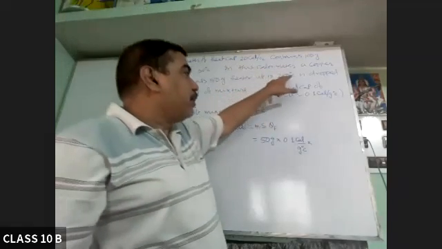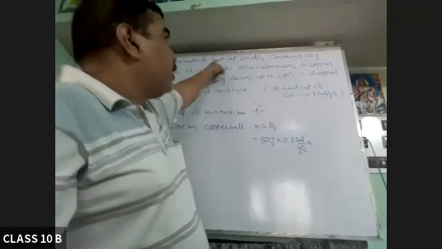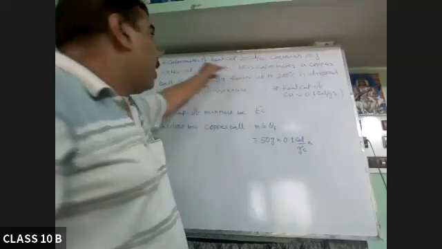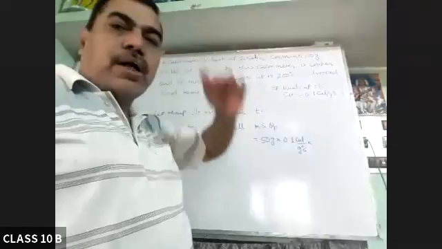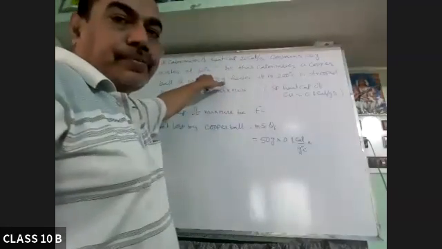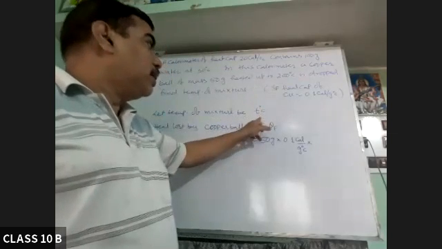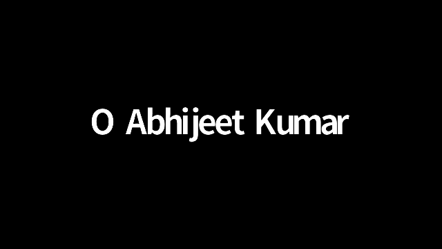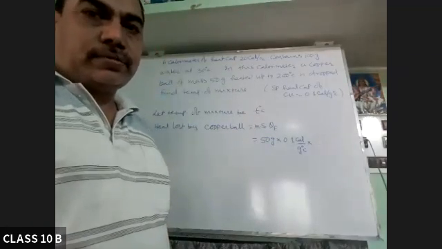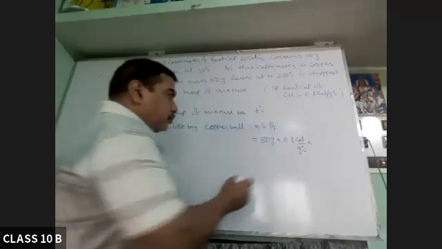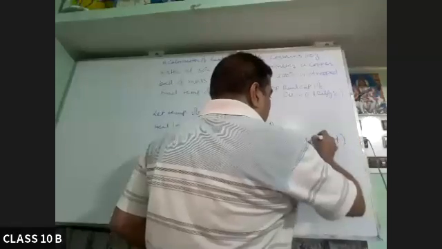The copper ball's temperature will decrease from 200 to T degrees Celsius, whereas the calorimeter and the water present in it will have the same temperature, initially 30, and will increase from 30 degrees Celsius to T degrees Celsius. So the fall in temperature will be 200 minus T.